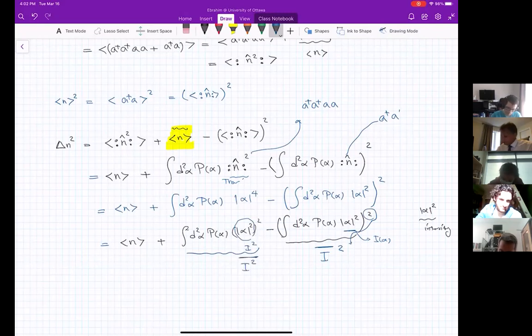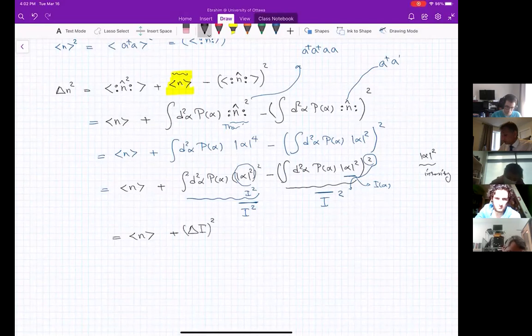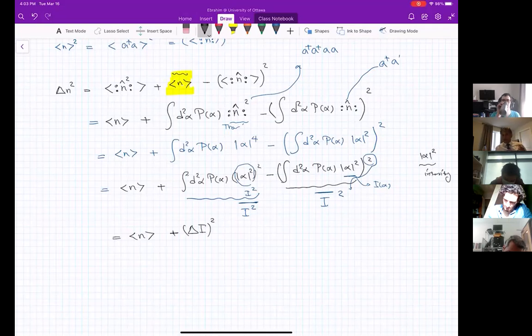So in the quasi-probability distribution P(alpha), which is something like a classical way, the variance in photon number is given by n plus delta I squared, which is the variance in intensity. It is very interesting that the variance in photon number is the average photon number plus the variance in intensity.